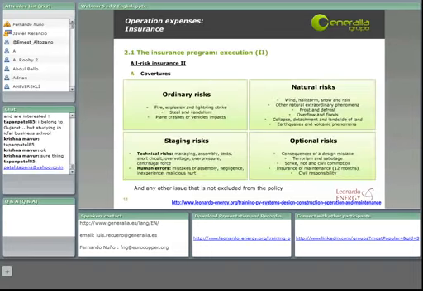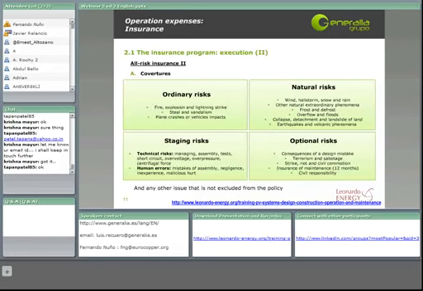Here we have a table that includes all the coverages from an all-risk insurance during the plant execution. We have to cover ourselves for 4 types of risks: the ordinary risks, the natural risks, the staging risks, and we also have to consider some optional risks.